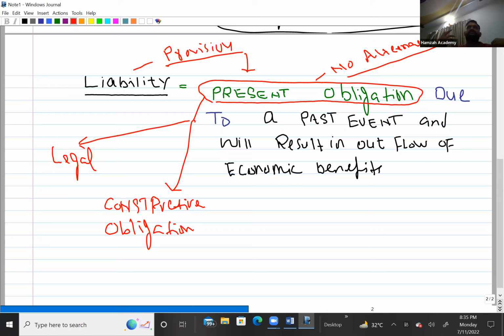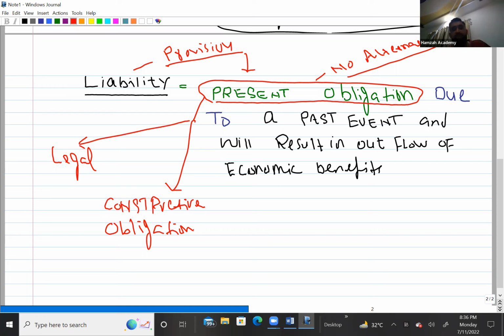For example, a company has a very clear policy that we are a very environmentally friendly company, and whenever they go to a specific area for business, first of all they take care of the environment and the surroundings of their business area. So if the company is going to place X to construct a factory, the residents of that area will expect that the company will keep the environment good.